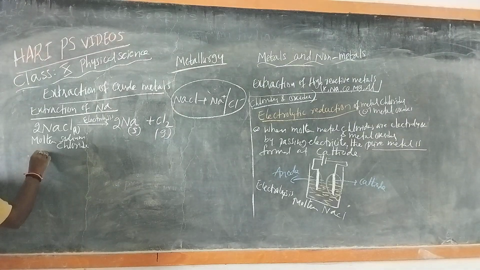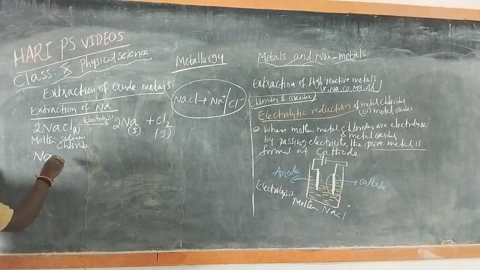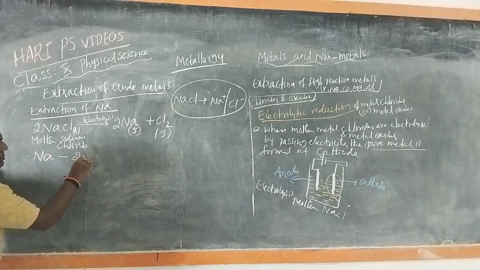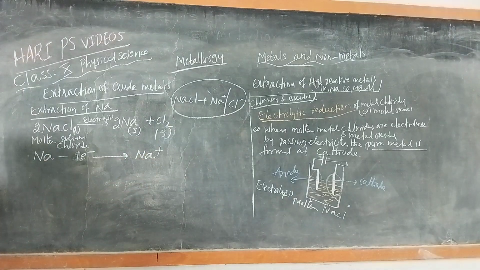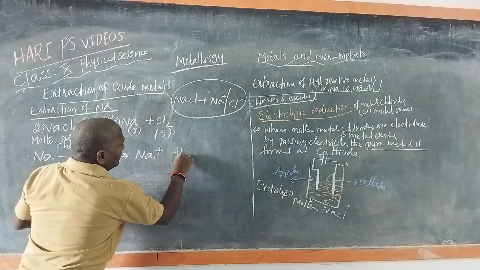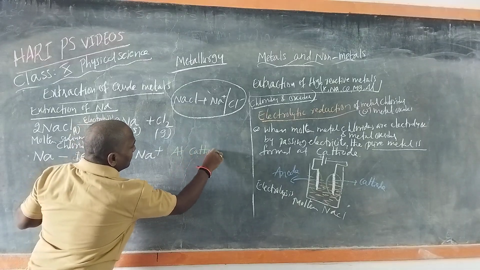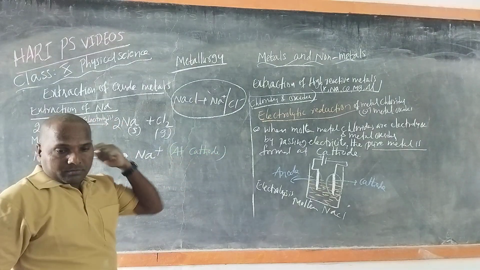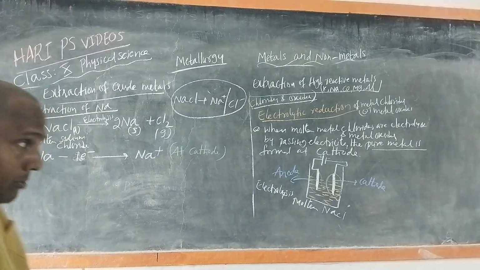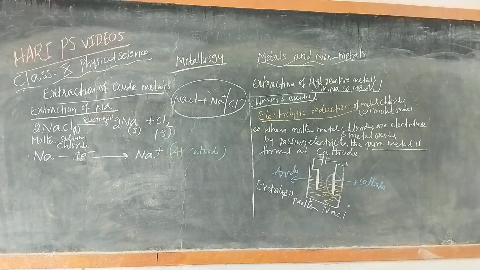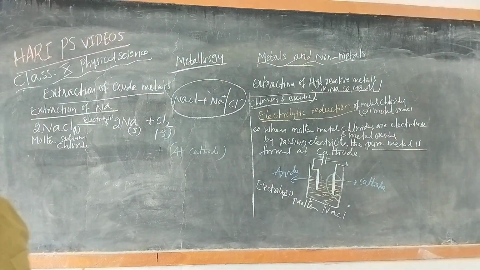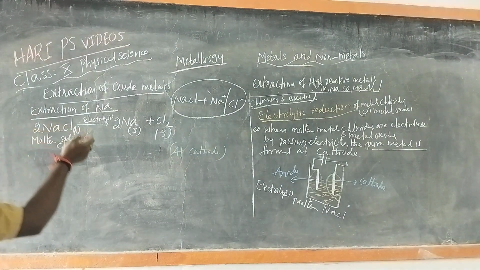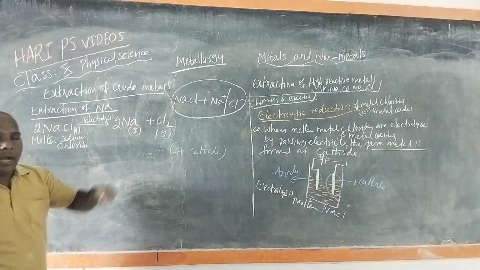So this sodium loses one electron and at the cathode, by the passing of electricity, sodium chloride dissociates and forms ions.